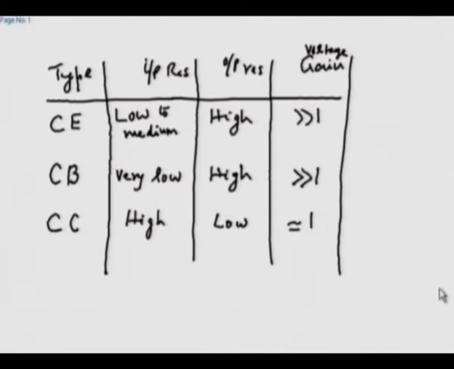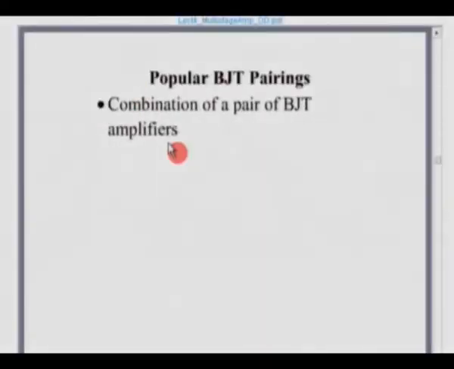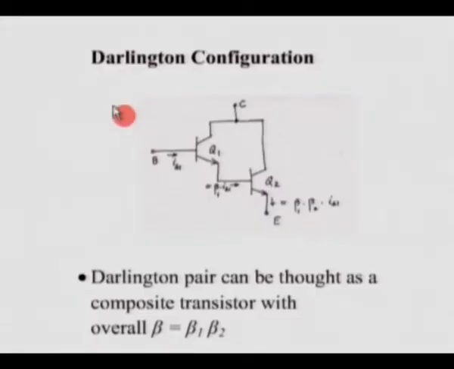Now, we need to keep this picture in mind when we talk about pairing BJT amplifiers. Before we do that, let us look at one very interesting and very useful pairing, which is what is called the Darlington configuration.